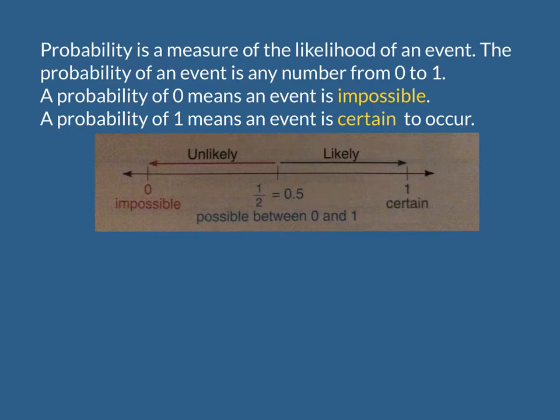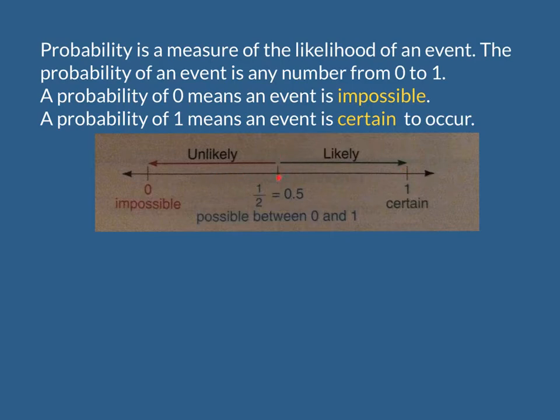Let's take a look at this image right here, and it shows between 0 and 1 how likely an event is to happen. So we read that 0, it's impossible. There's no way that this event is going to happen, and 1 means it's certain. So if we get a number somewhere between 0 and 1, we're going to have to figure out if it's more unlikely to occur or likely.